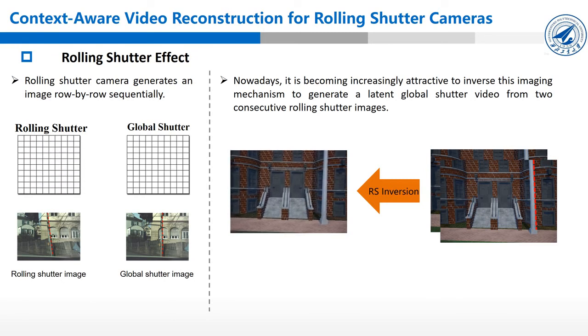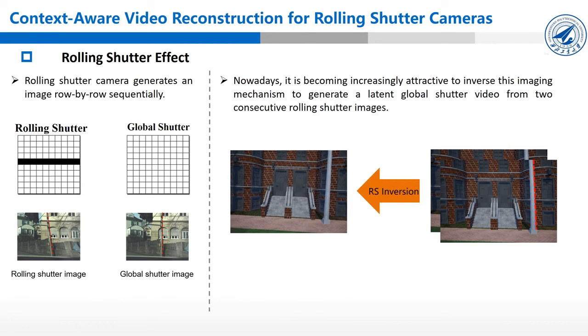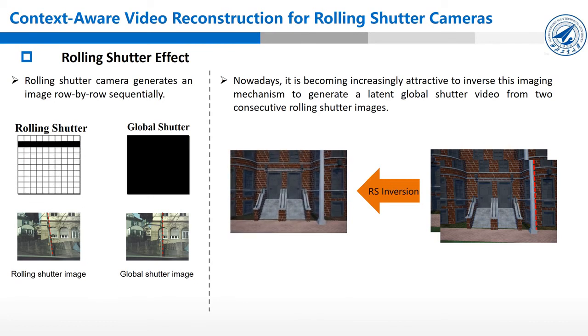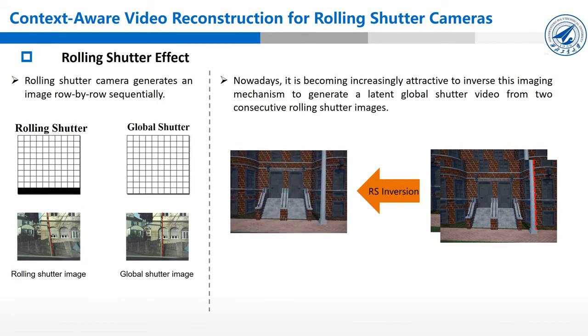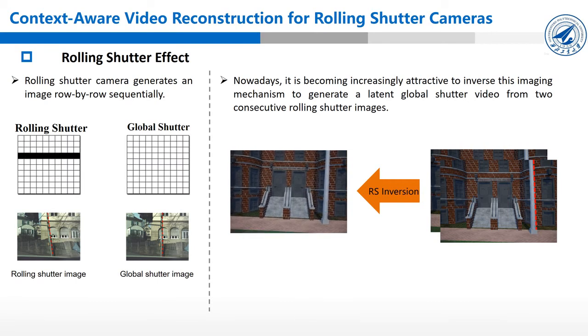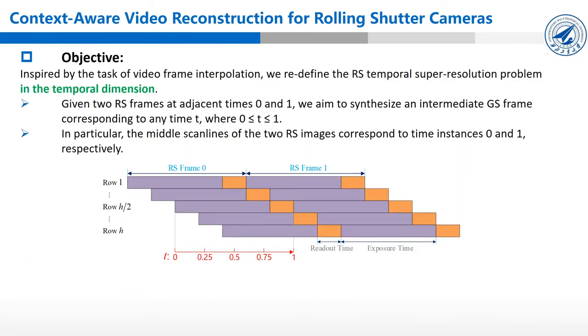Fortunately, this exposure mechanism hides rich spatiotemporal information in rolling shutter images. Nowadays, it is becoming increasingly attractive to invert this imaging mechanism to generate a latent global shutter video from two consecutive rolling shutter images. Inspired by the task of video frame interpolation, we redefine the rolling shutter temporal super-resolution problem in the temporal dimension.